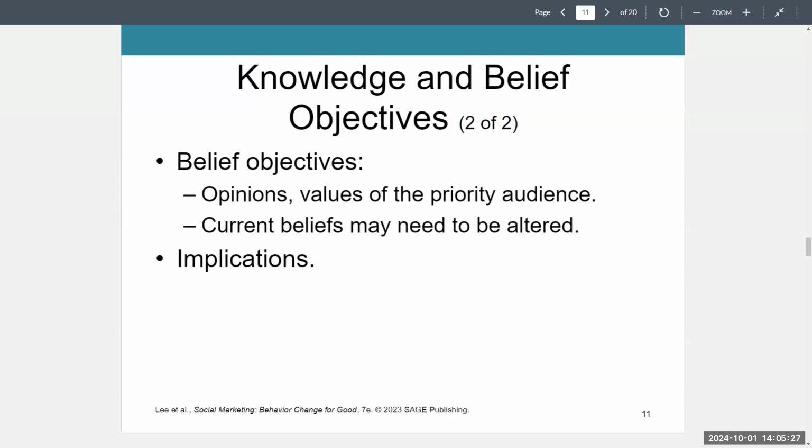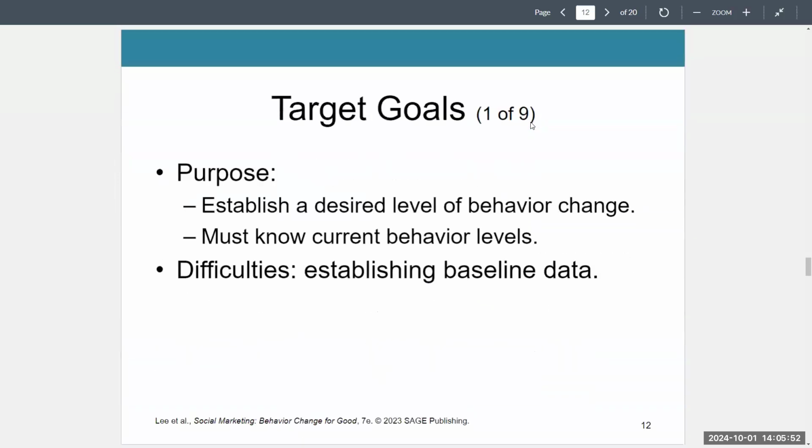So maybe they believe that if I smoke, yes, in general, people get lung cancer, but that won't happen to me. And so that's the belief that has to change. So you'll run that campaign based on that. All right.